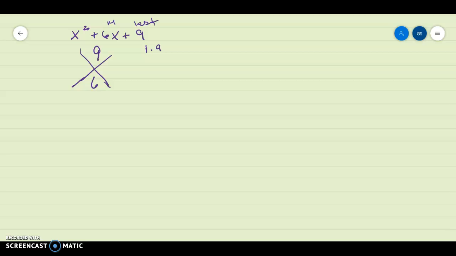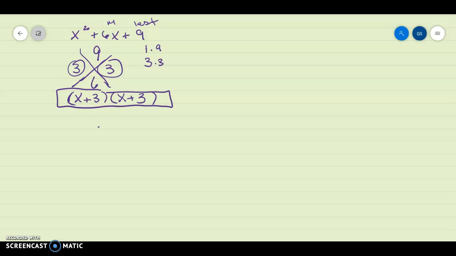So 1 times 9 and 3 times 3. You see how 3 times 3 gives you 9 and 3 plus 3 gives you 6? It's pretty cool, right? So I'm going to bring down those side numbers, the left and right, to go in the left binomial and the right binomial. That's how you remember which numbers you're bringing down. It's the left and the right for the left and the right binomials.